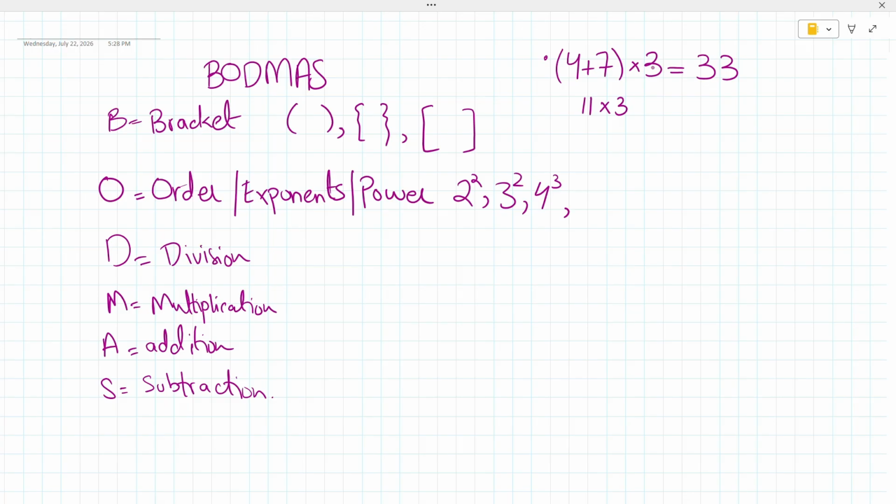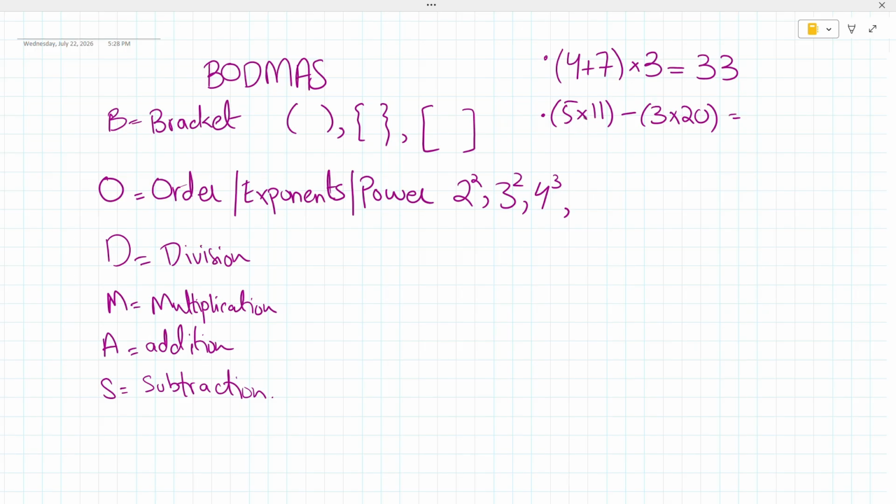Okay, now the second one. We will choose a different one. Now 5 multiplied by 11 minus 3 multiplied by 20.